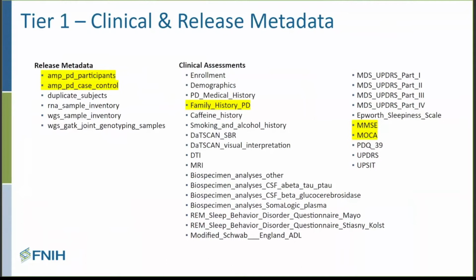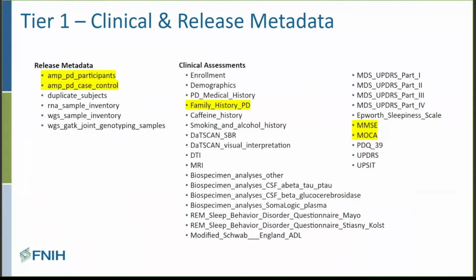Then under the clinical assessments, we have a number of tables of basic data like enrollment information and demographics information. Then we have a lot of medical history, including family medical history, caffeine, smoking, alcohol use. And then we have some imaging information available.